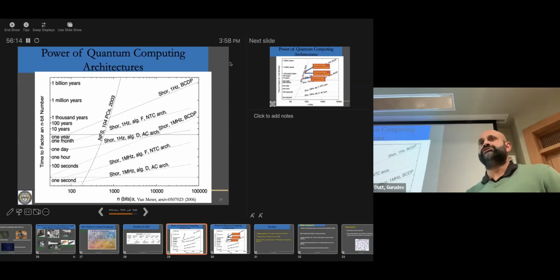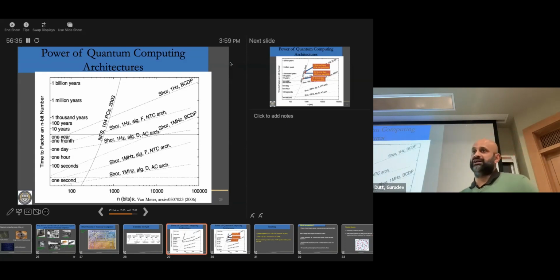Once you're given the factors of a number, it's easy to prove that those are the factors. You just multiply them together. And multiplication is a very quick operation in normal computers. But if I give you the product and tell you to find the factors, that's a very difficult problem, mathematically, or algorithmically, whichever way you want to call it.